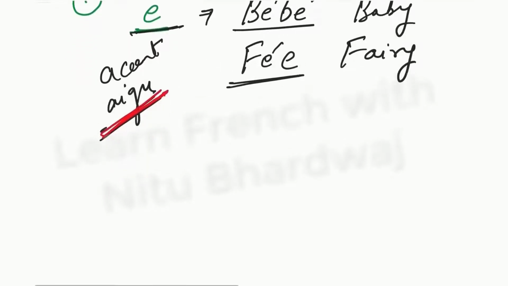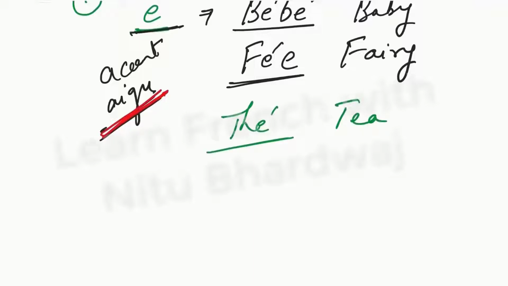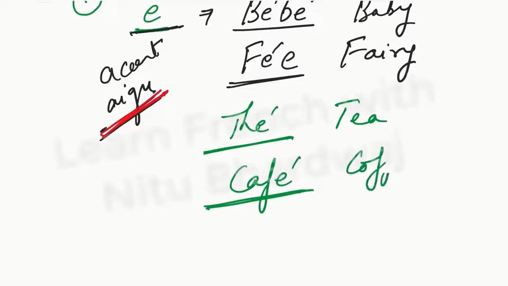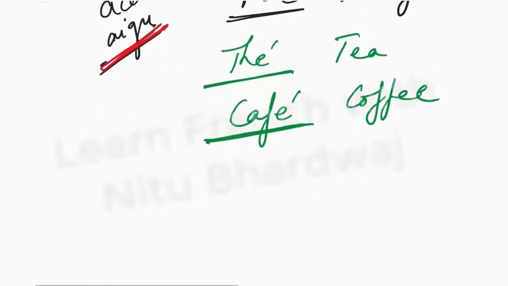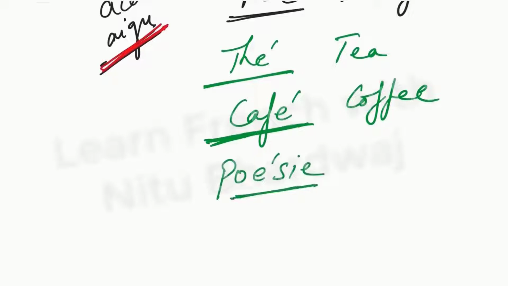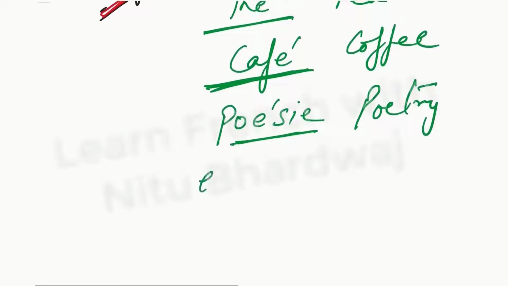Let's see a few more examples. Thé. This means tea. Next one. Café. This means coffee. Poésie means poetry.